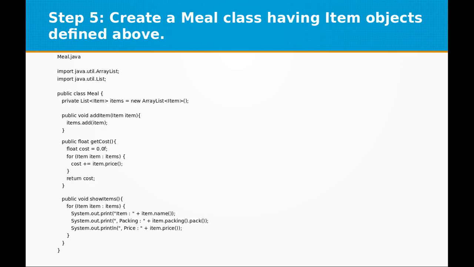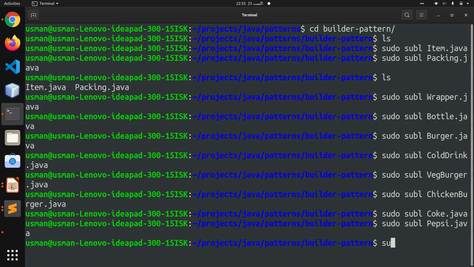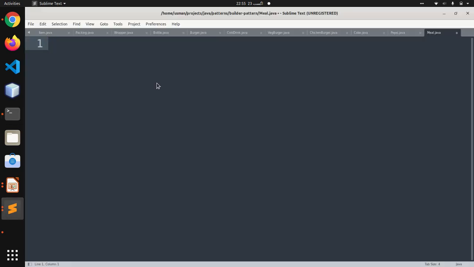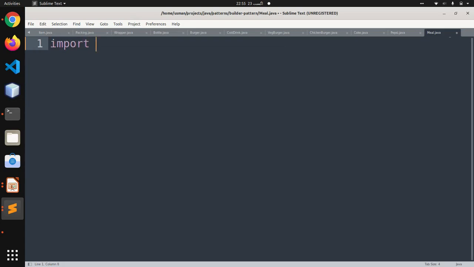Let's create a meal class having item objects defined above. Now it's time to create a meal class which will have a list of different items within an array. So for the meal class we are going to create a class called meal.java, and within this class we need some built-in libraries of Java.